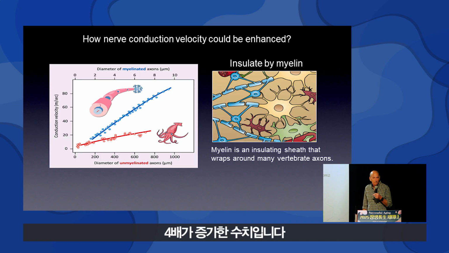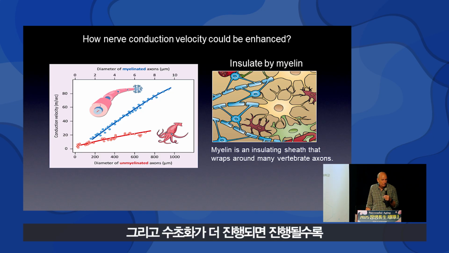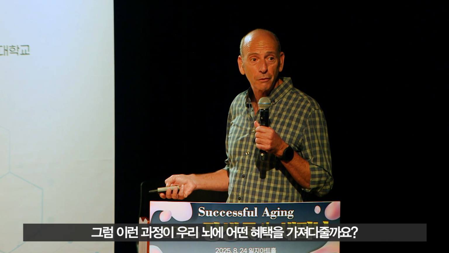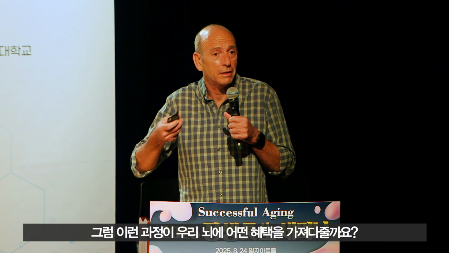So it will conduct 4 times faster. And myelinated nerves go up to 200 and 240 meters per second. So now, if you think about it, what is the main advantage?